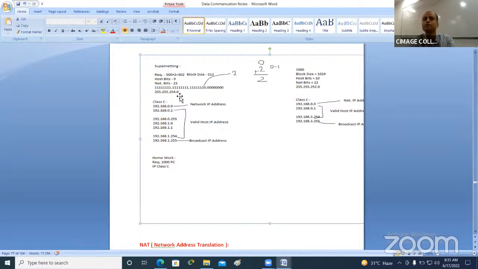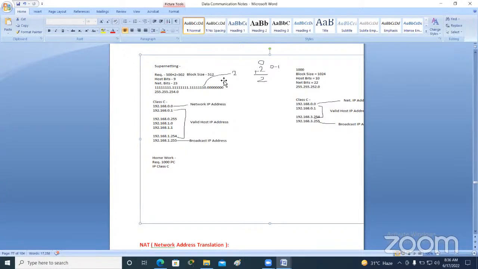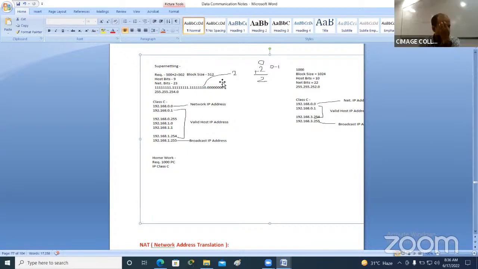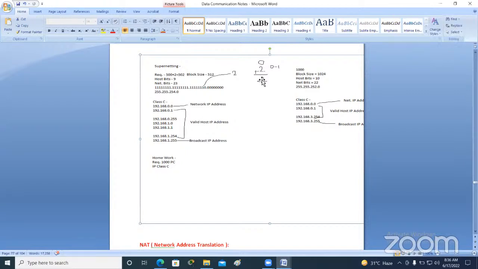Now the first value is 2. As per the previous concept, we should add this 2 to 0. 0 plus 2, the value is 2, then the range will be 0 to 1.